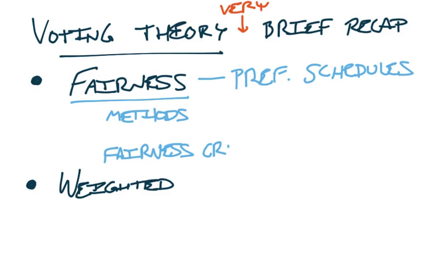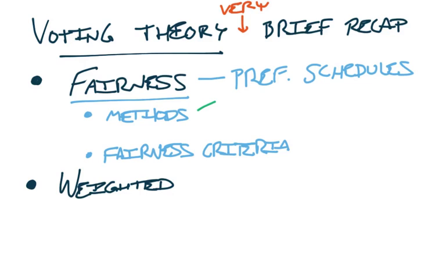Economists and political scientists and mathematicians throughout history have had these ideas of what could or should make an election be called fair in some sense. So, we had a long list of each one of these things.